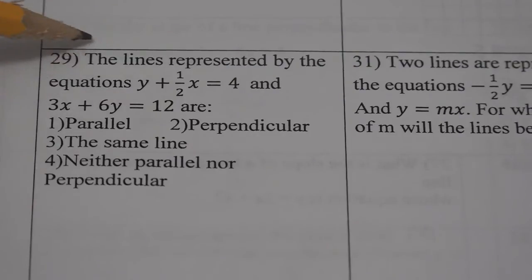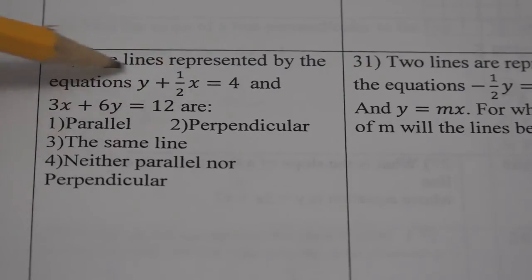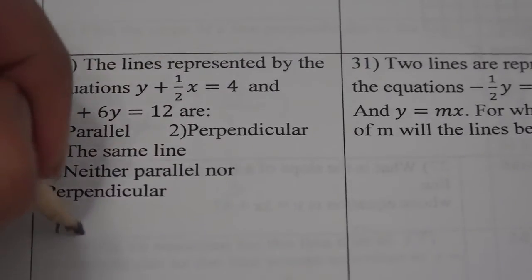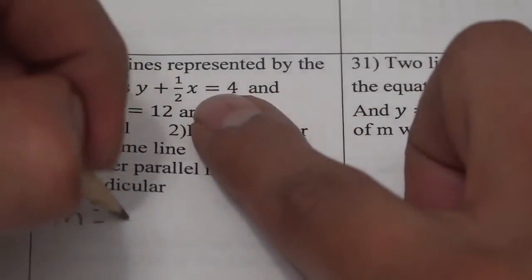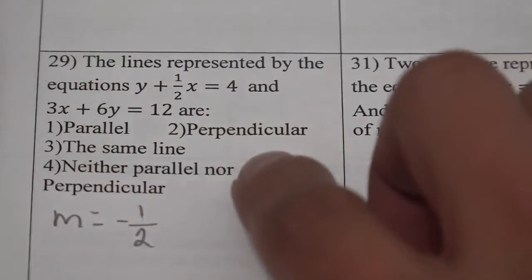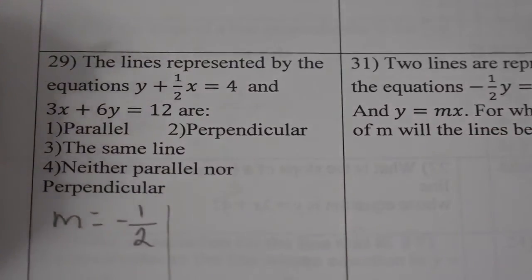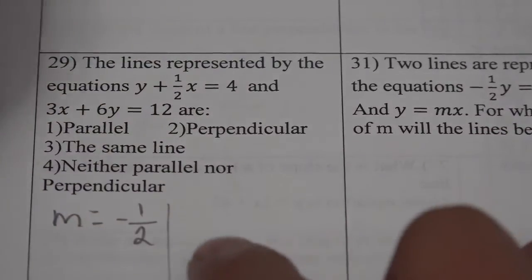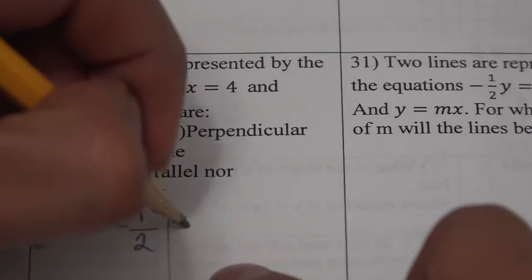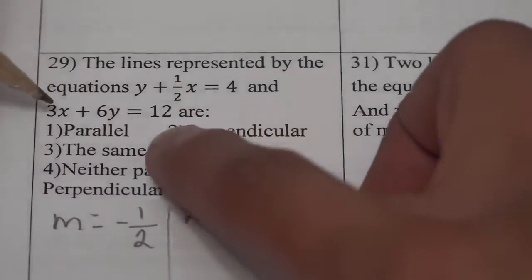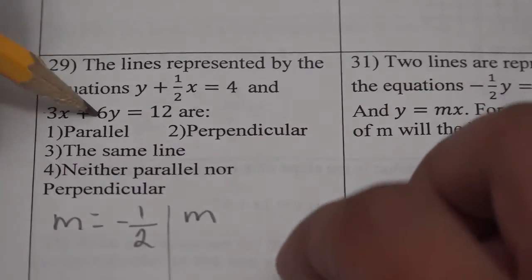I need to find out what the slope is here. The slope of this line is negative 1/2. Why are people still awake in here? Now the slope of the other line is negative 3/6.